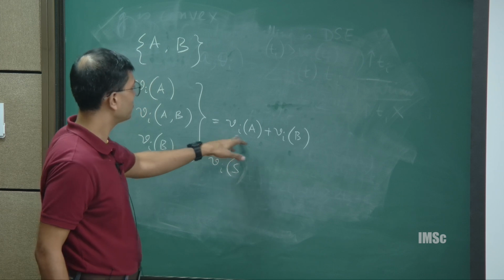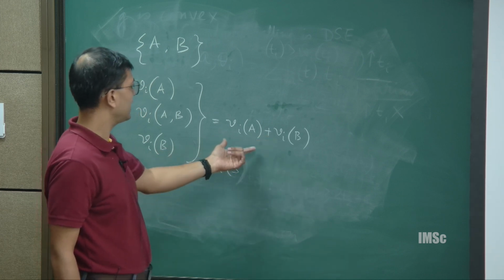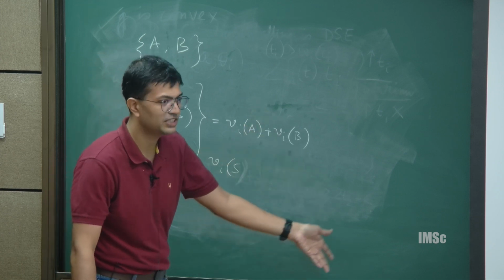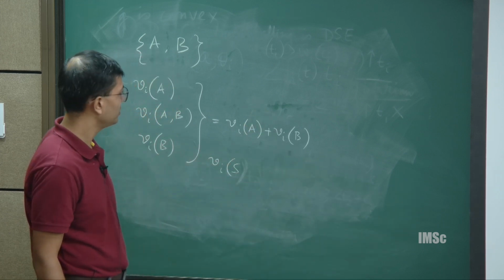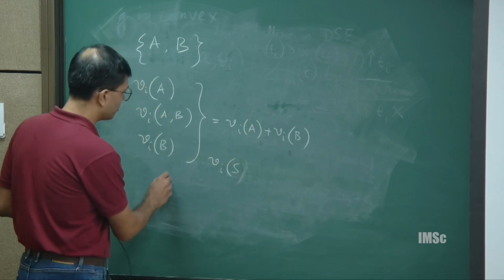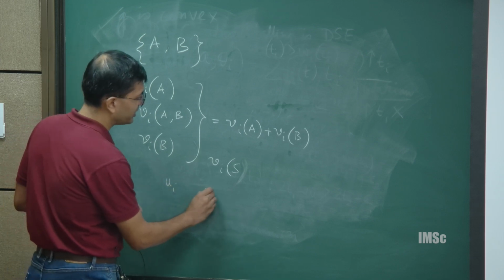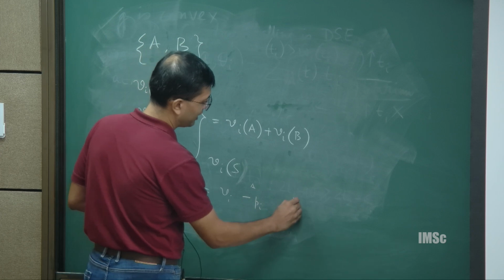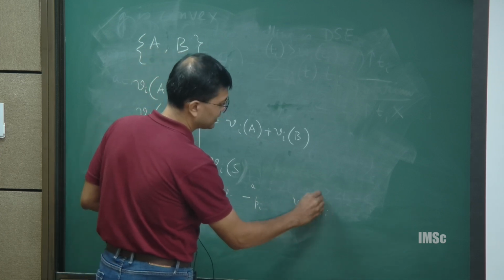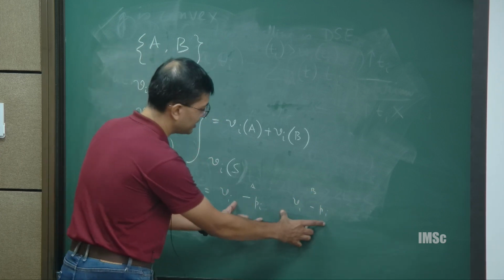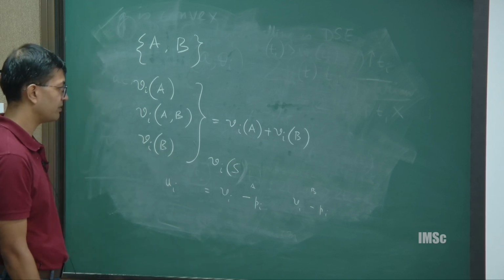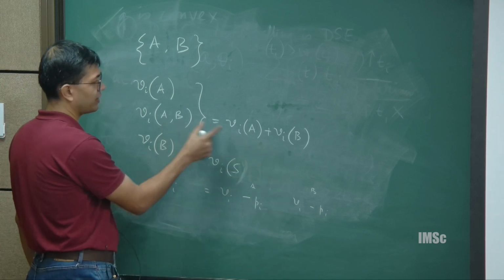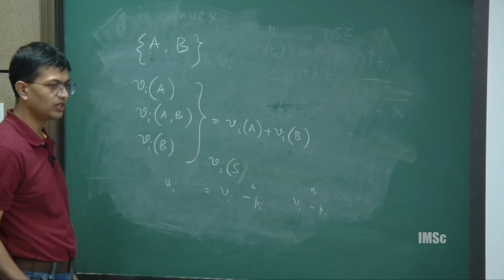If I want to maximize the revenue, the payment for this is a completely separate problem, and the payment for this I can treat as a separate problem, because finally your utility can be written as the valuation minus the payment for item A, plus valuation minus payment for item B. Then I can treat them as two different problems. It's no longer true if the bundle is different from the sum, maybe larger, maybe smaller, I do not know.